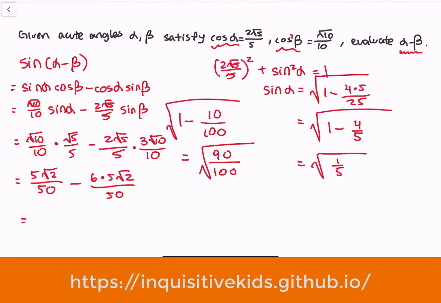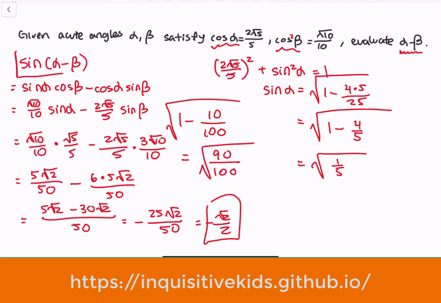This is the same thing as 5 times the square root of 2 minus 30 times the square root of 2 over 50. So we have negative 25 times square root of 2 over 50, which is equal to negative square root of 2 over 2. And that is our answer for what sine of alpha minus beta is.